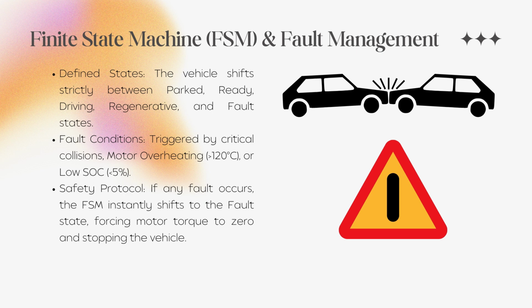If the motor temperature exceeds 120 degrees Celsius, if the battery drops below 5%, or if a critical collision occurs, the FSM instantly shifts the vehicle into a fault state. When a fault is active, motor torque is forced to zero, completely stopping the vehicle to prevent an accident.